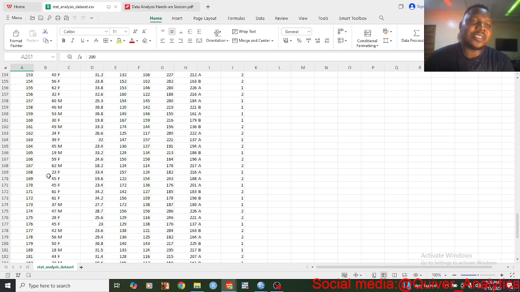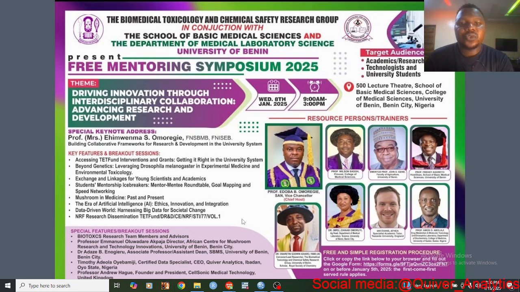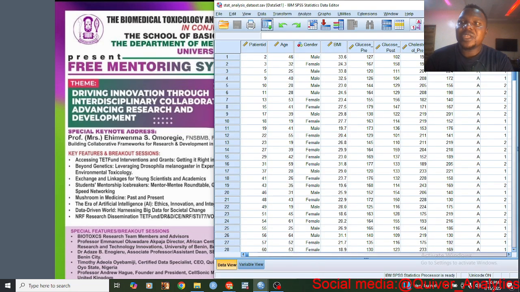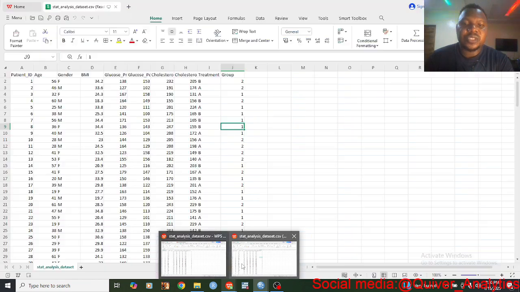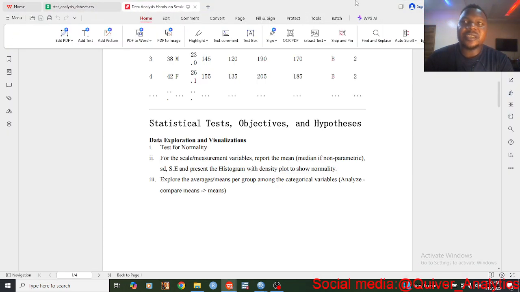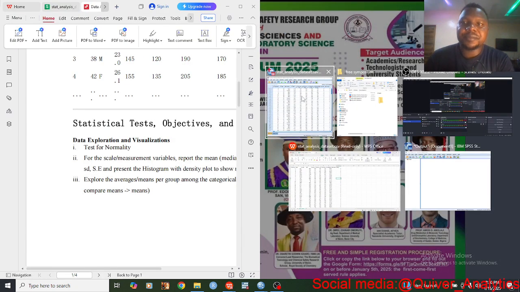Remember, we have row 1 as the heading, so we have 200 patients for this experiment. Now let's go to the SPSS files. I have already entered the data into SPSS, and I'm going to put the description here as well.